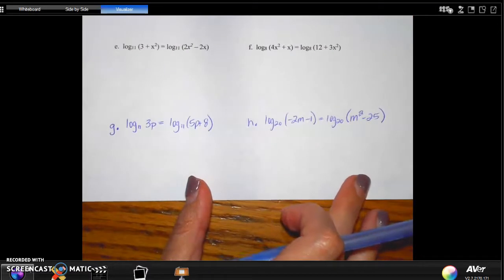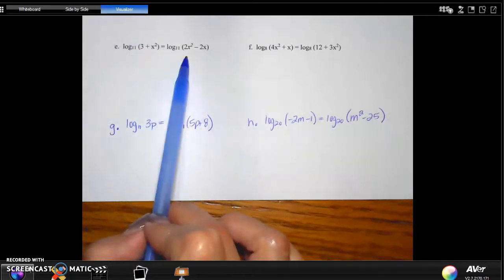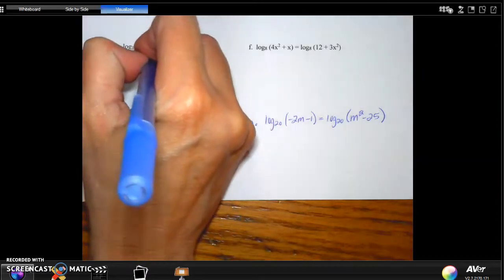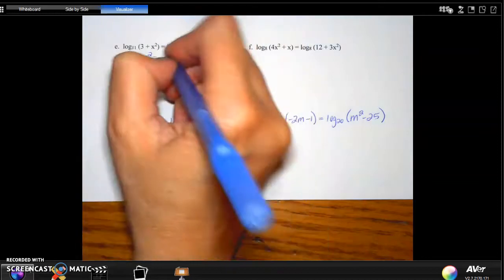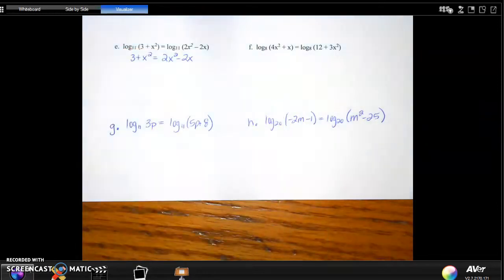So in this next one, we have log base 11 on both sides. So we're allowed to take this 3 plus x squared and set it equal to 2x squared minus 2x. So with the quadratics, you're going to want to put everything on one side and have a 0 on the other side so that we can do some factoring, or reverse foiling, as you may want to think of it, and solve.